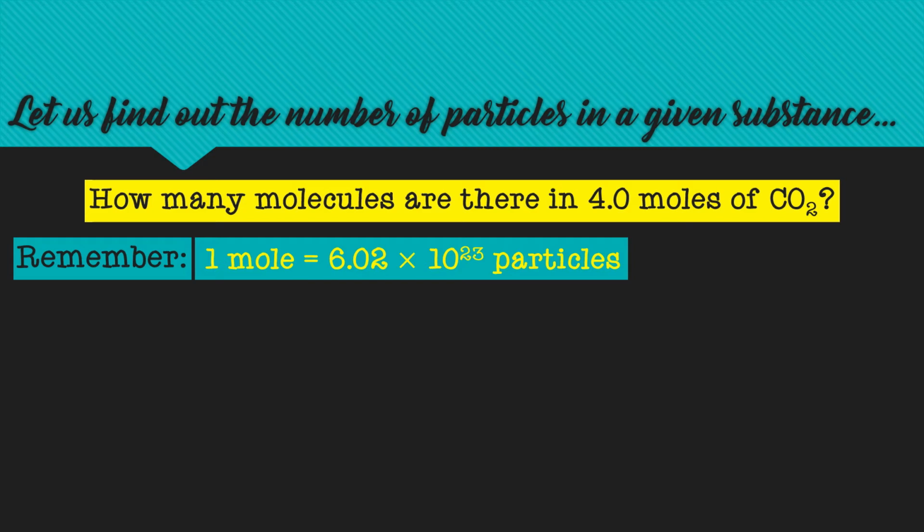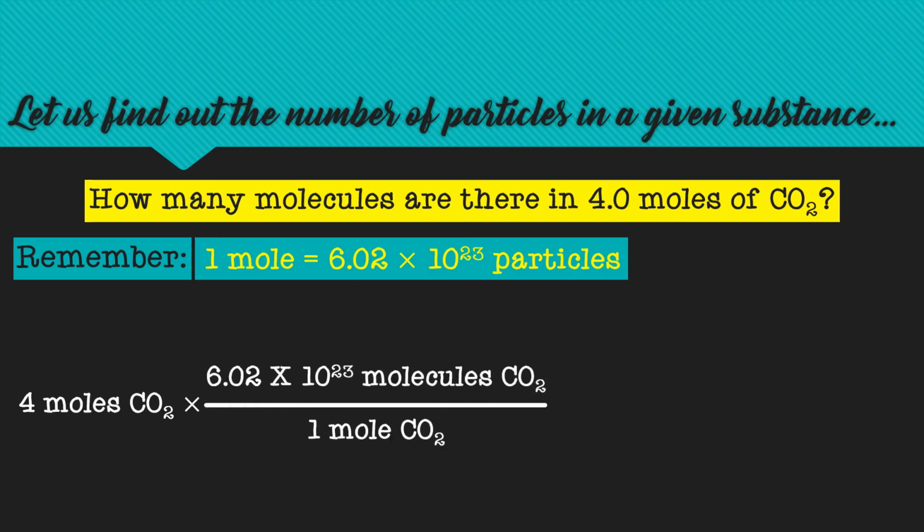To find the number of particles or molecules, let us first write down the known or the given variable, which is 4 moles of carbon dioxide. Then, multiply it with a conversion ratio of 1 mole is to 6.02 times 10 raised to 23 particles.